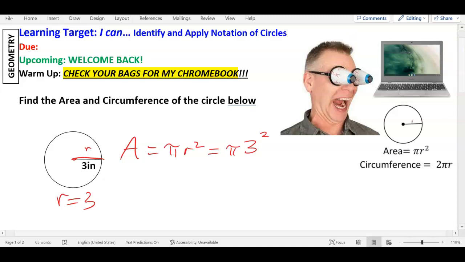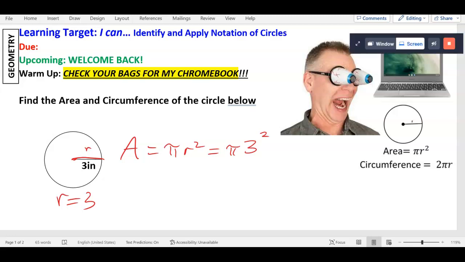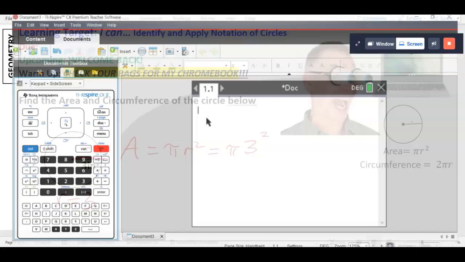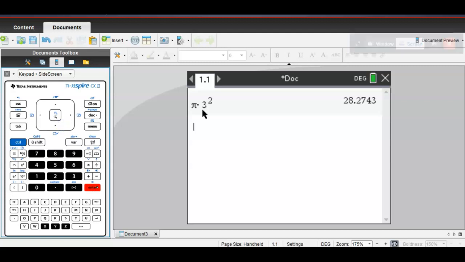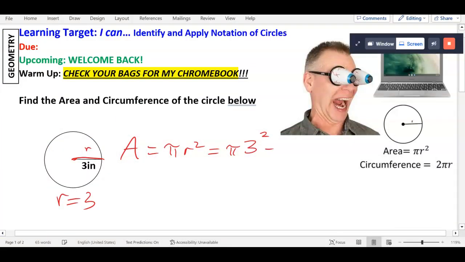Cool. So anyways, if I'm going to type in pi 3 squared, I'm literally going to type pi and then 3 squared, and it'll give me my answer. 28.274 makes it round to 28.27. It does not round up. Okay, so 28.27.